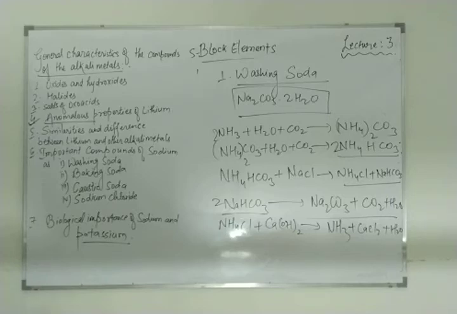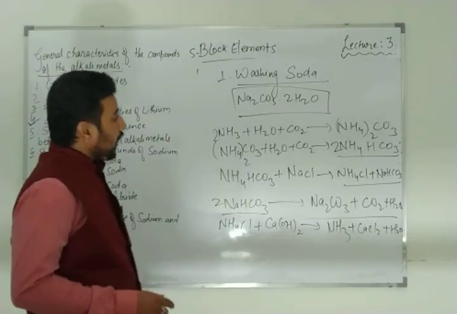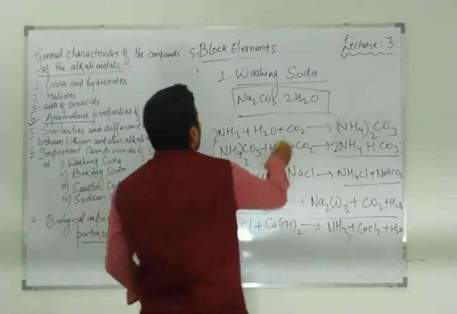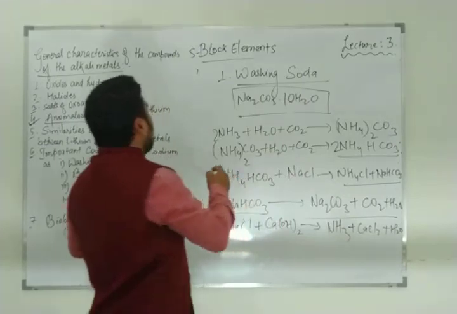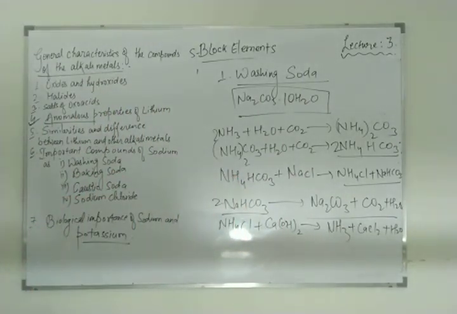Now if I talk about the properties, sodium carbonate is a white crystalline solid which exists as a decahydrate. Oh sorry, I need to write Na2CO3·10H2O, not 2. Deca means 10, okay? Na2CO3·10H2O, the decahydrated form.